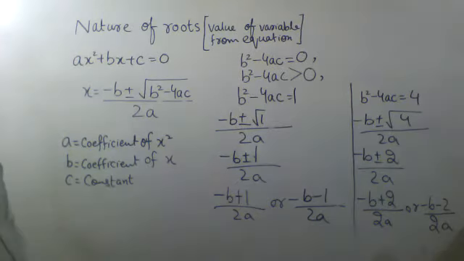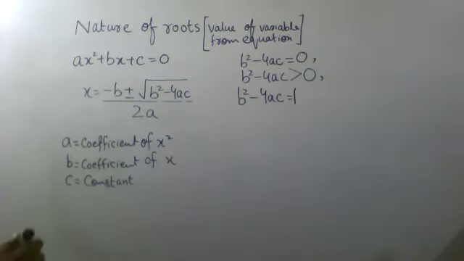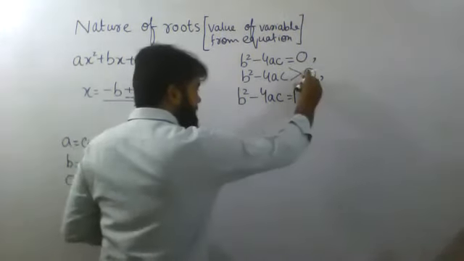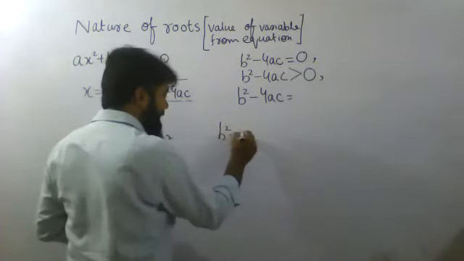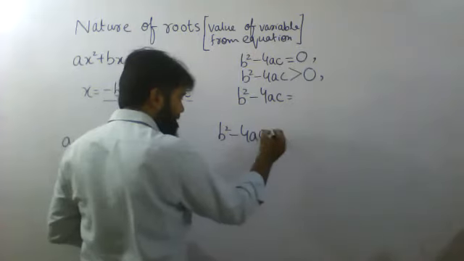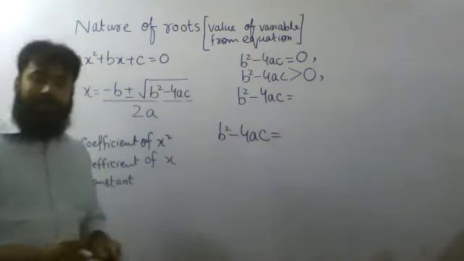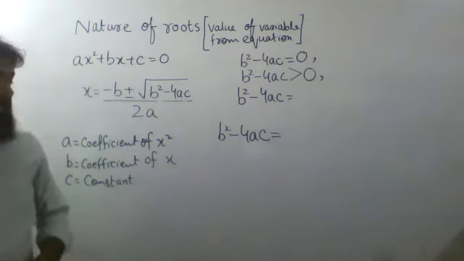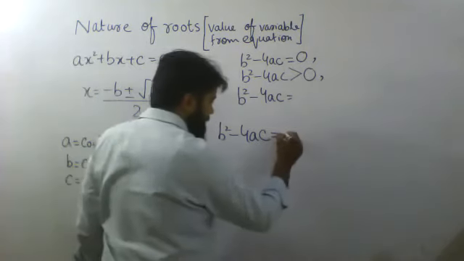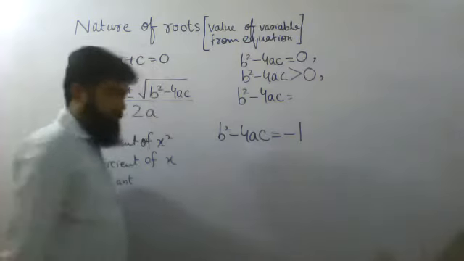Now, going for my third case, which can happen over here, is if I'm taking b square minus 4ac something lesser than 0. For instance, I'm taking it as minus 1. Okay?